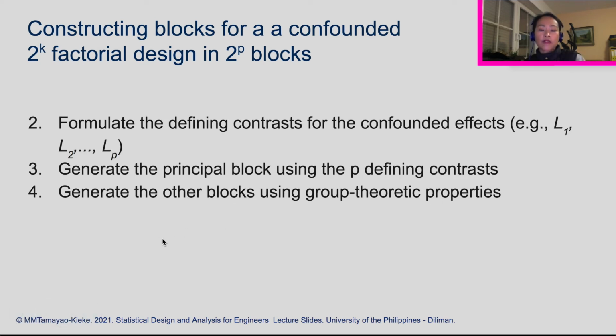After choosing the effects to be confounded, the next step is to formulate the defining contrasts for the confounded effects, that would be L1 to Lp. After that, you generate the principal block using the p defining contrasts. And then the fourth step is to generate the other blocks using the group theoretic properties of the principal block, as I explained earlier.